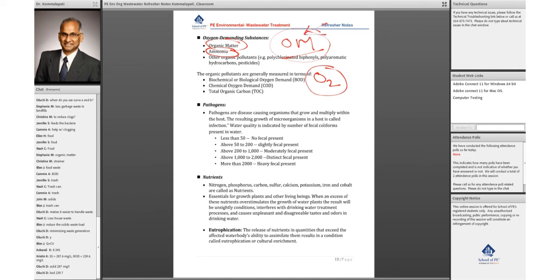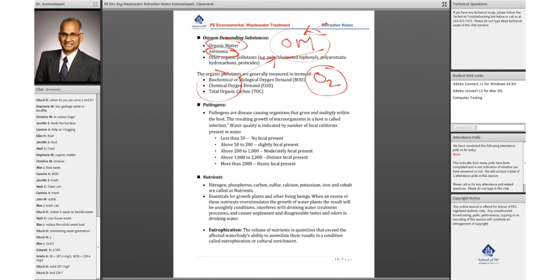So instead of measuring how many grams of organic matter I have, if I can measure how much oxygen demand this organic matter has, that is good enough. So we started using the biochemical oxygen demand or chemical oxygen demand to measure that organic matter. So what you are reporting is the oxygen demand of the organic matter.